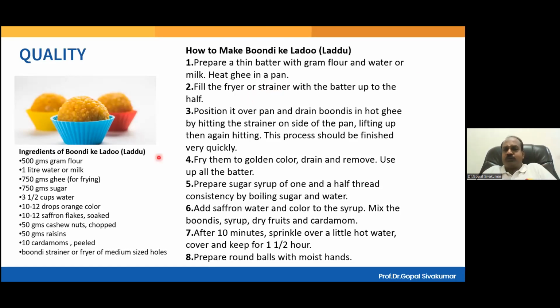Now, coming to this product, this is again a food product. What is this product called? Bundi ka laddu. Do you think laddu will also have CTQs? Yes, sir. Can you tell a few CTQs for laddu? Sweetness. Shape of the laddu.